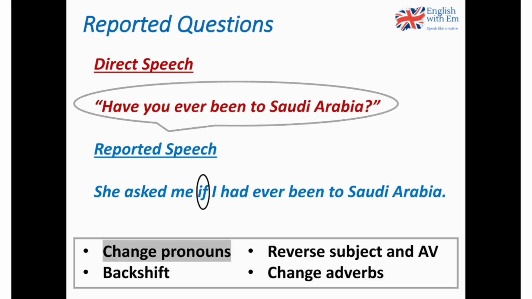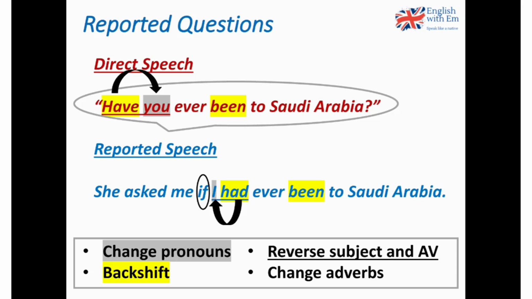We change the pronouns. You becomes I. We backshift. Have been present perfect is backshifted to had been past perfect. And we reverse the subject and the auxiliary verb. So have you becomes I had. And there are no adverbs here, so we don't need to worry about that.